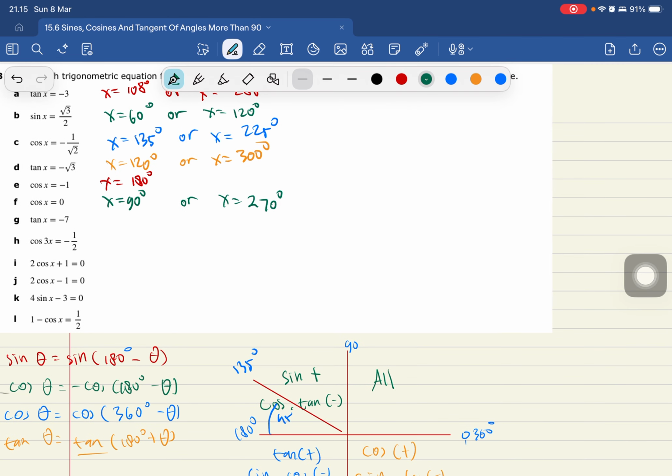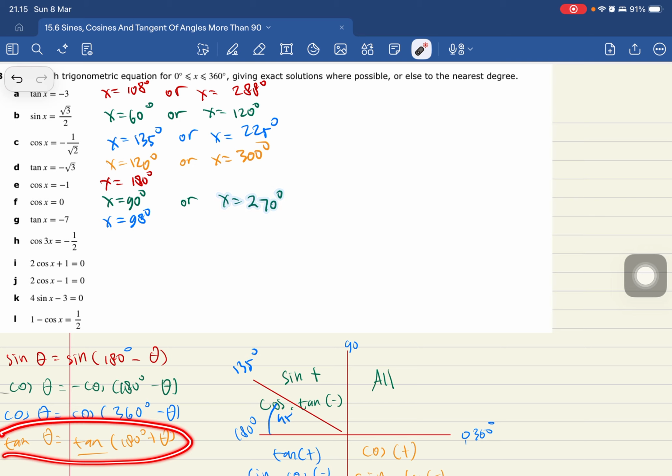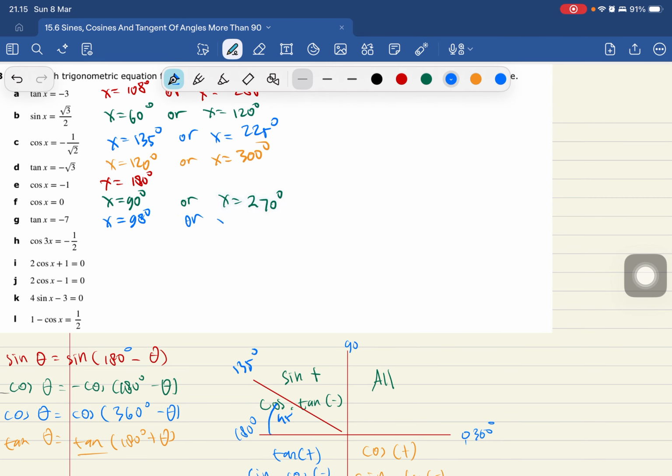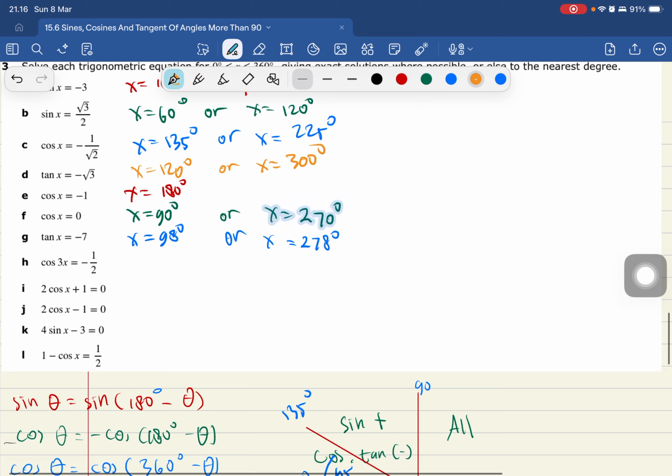So the first x is 98 degree. We can use this formula: 180 plus 98, so another x is going to be 278 degree.